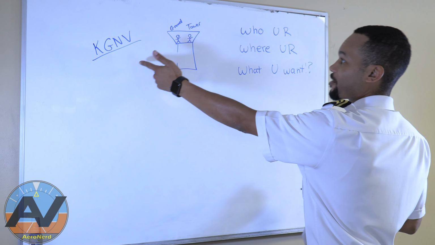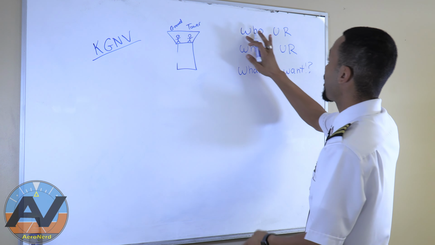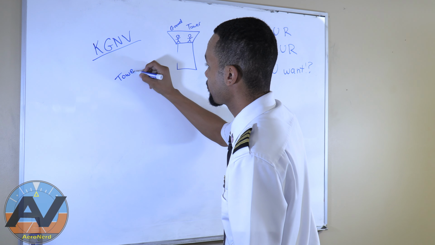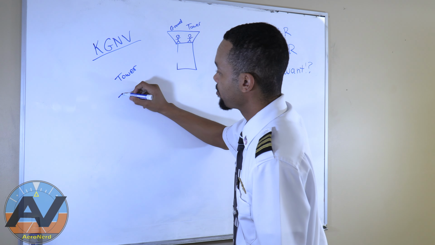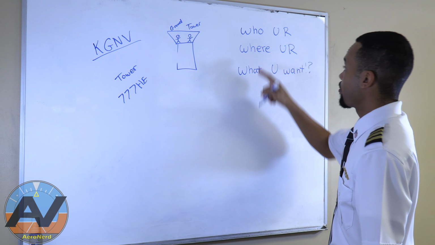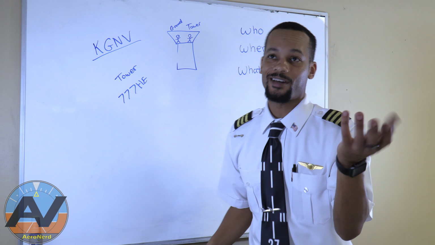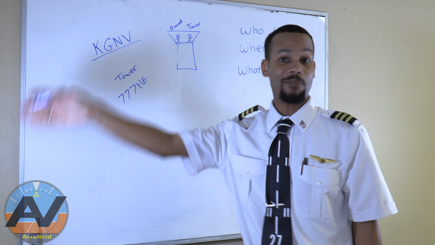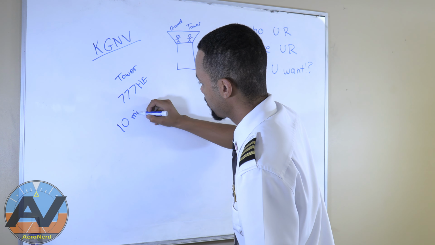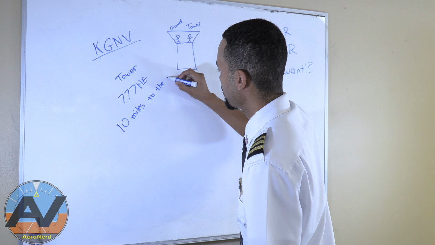Since the tower controls everything in the air, now who we are, so we have to say, hey tower, who we are, 777 Hotel Echo, where you are, we're currently, well, you don't want to be that close, 10 miles out to the east, so 10 miles to the east.